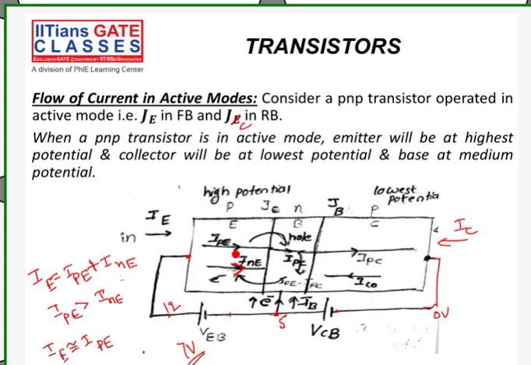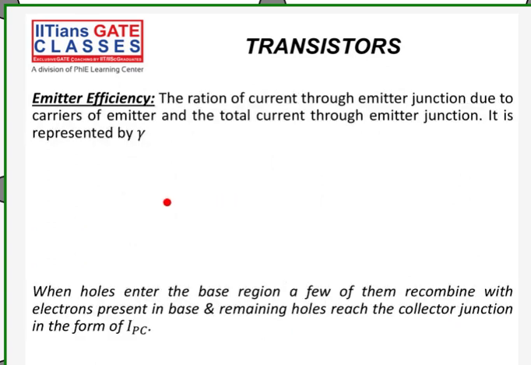So now we'll come to the concept of emitter efficiency. So what is this? In the next slide I have written, it is the ratio of current through emitter junction due to carriers of emitter and the total current through emitter junction. It is represented by gamma.